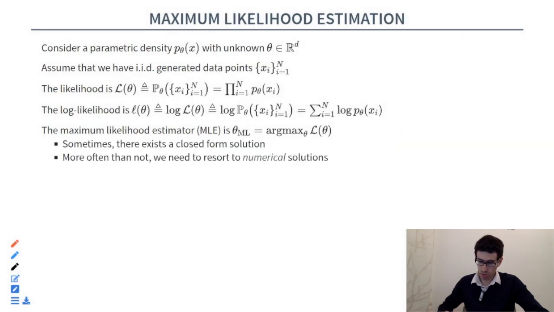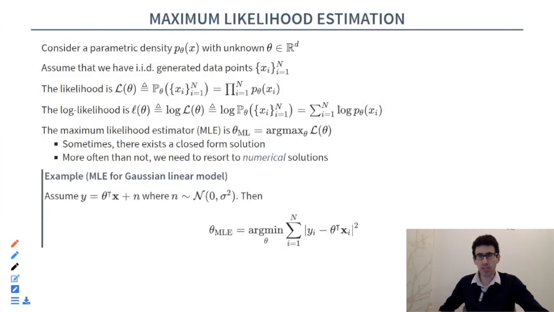So just to illustrate the point that sometimes there exists a closed form solution, it's useful to do a small exercise and derive what it is in simpler cases. And the example that we're going to use here is the following. Let us assume that you are given feature vector x and labels. So here, labels are real valued.